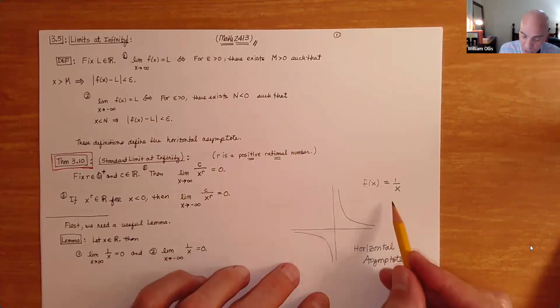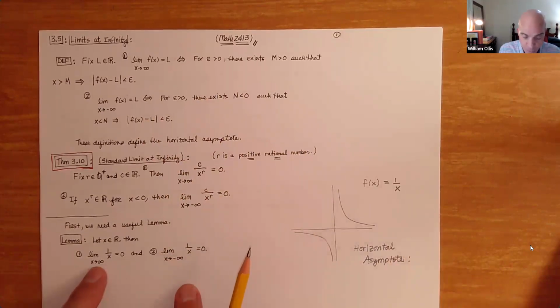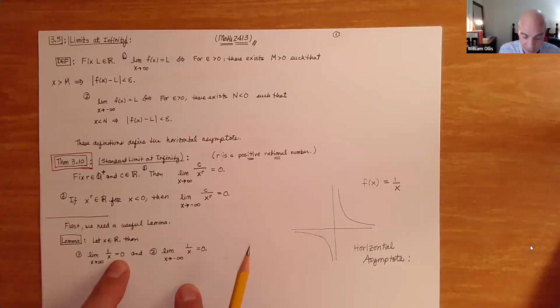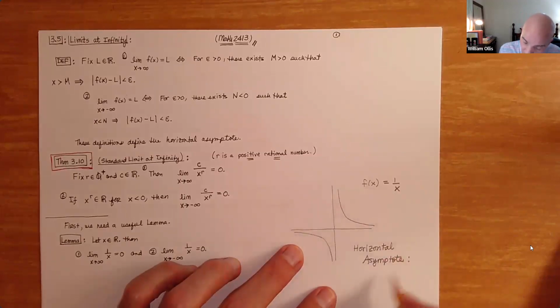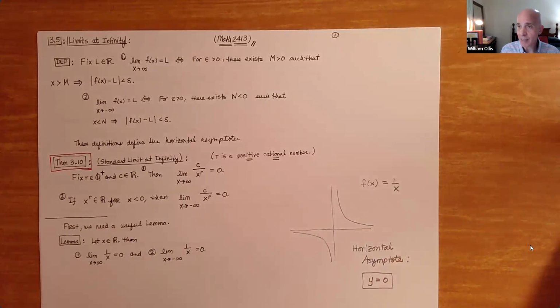So here, what we're seeing is that as x passes to infinity, the limit is 0. As x passes to negative infinity, the limit is 0. So we say the horizontal asymptote is defined by the horizontal line y equals 0, or the x-axis, in a very similar way that we define vertical asymptotes.